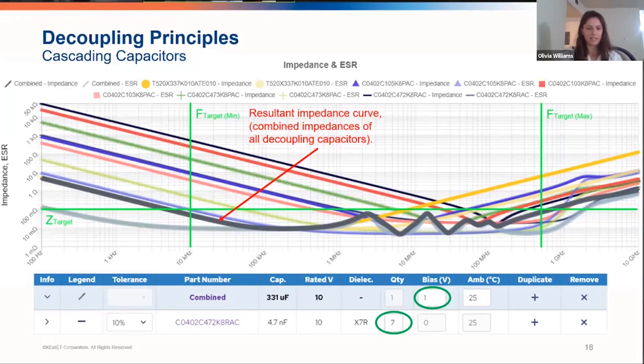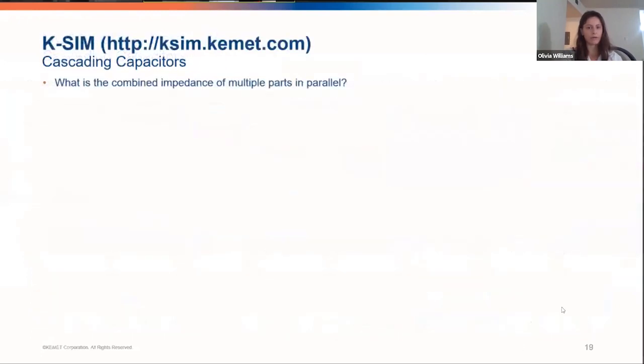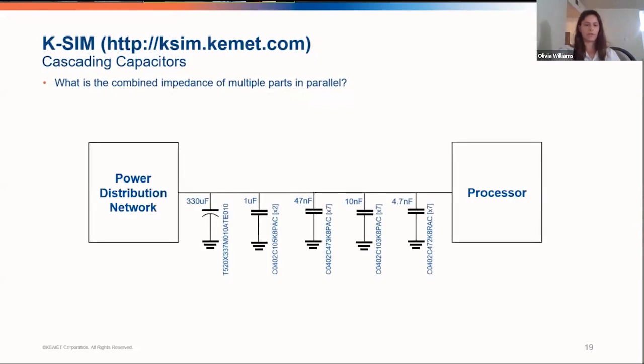So now that we can see kind of the process of getting this impedance all down to the target that we calculated, I would just like to show you real quick where you can do this on our website. But just before, let's get the big picture here, just to keep in mind what our overall goal is.